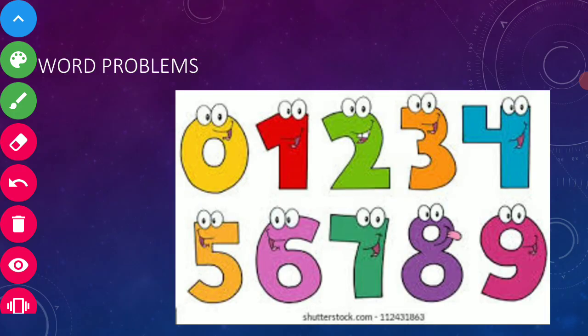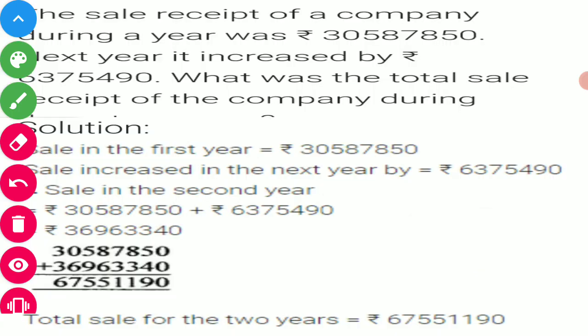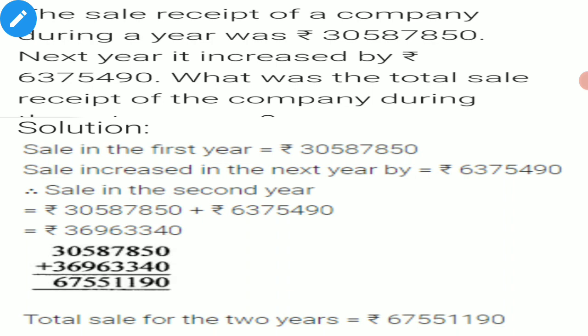Now word problems based on numbers. The first question. The sale receipt of a company during a year was 3,5,87,850. Next year it increased by rupees 63,75,490.